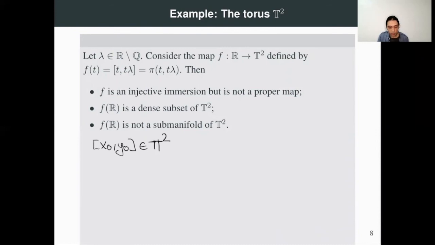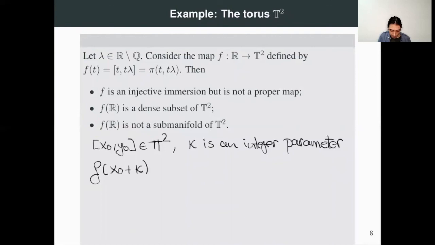So what can we do? We can consider the image of points of the form x0 plus k, where k here is an integer parameter. We are varying k in the set of integer numbers.